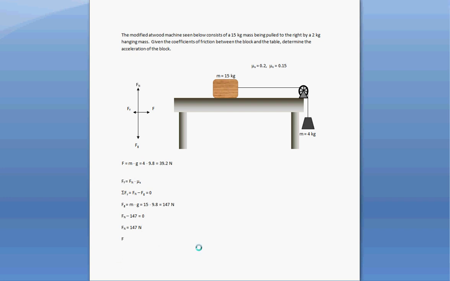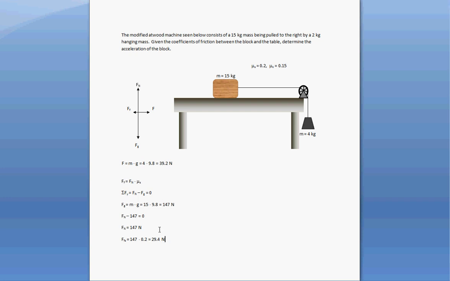So the force of friction, static friction to be specific, is equal to 147 times, well, we need to use our static coefficient of friction, so 0.2, and that is equal to 29.4 newtons.